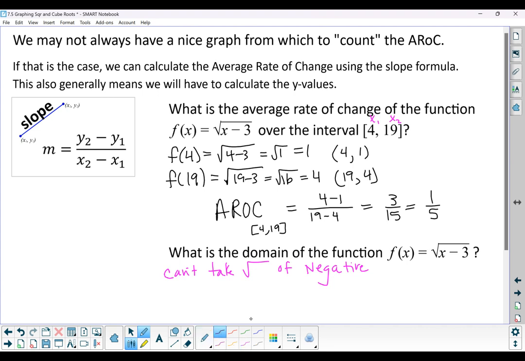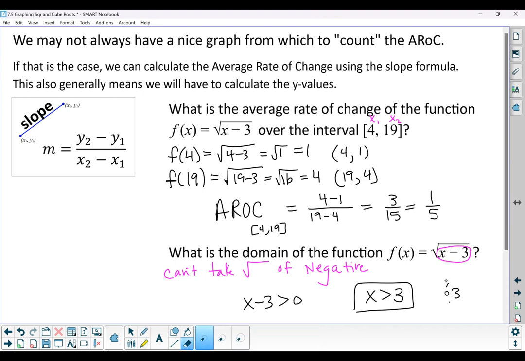So in order for this function to be defined, we need this number, x minus 3, to be greater than 0. We need it to be positive. If we solve this little inequality, we get that x has to be greater than 3. And that's the domain. We could write it, whoops, I should use a bracket.